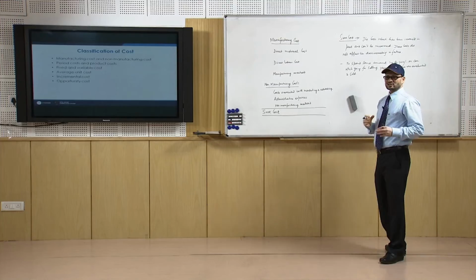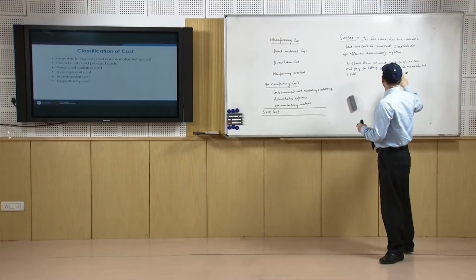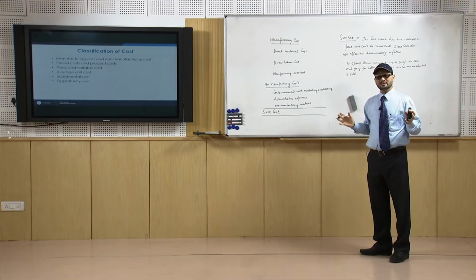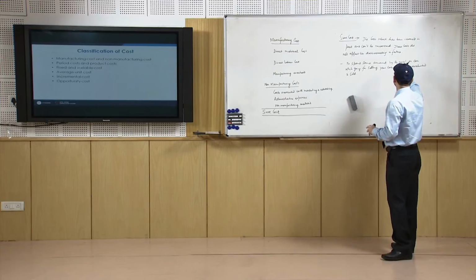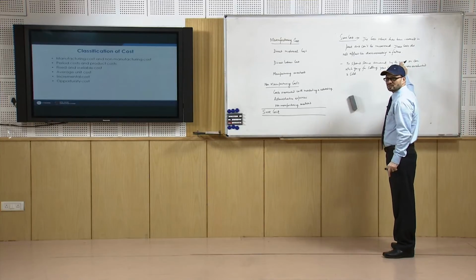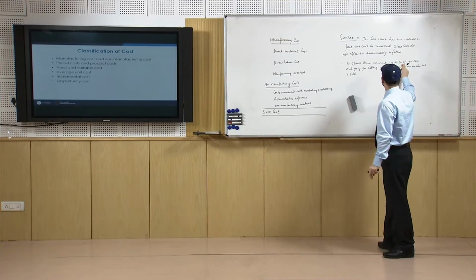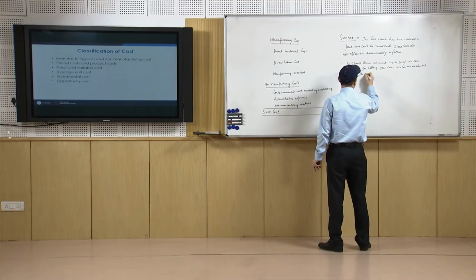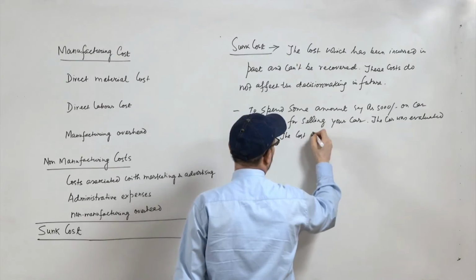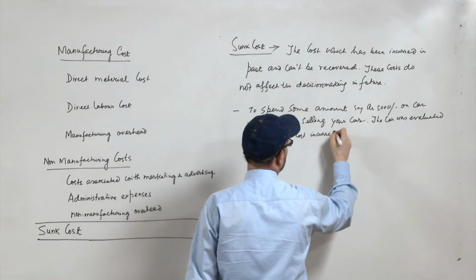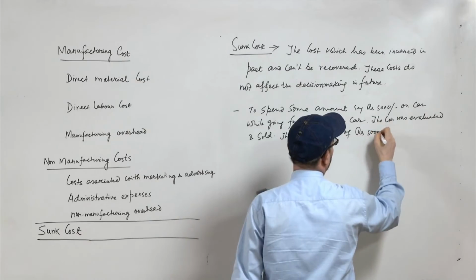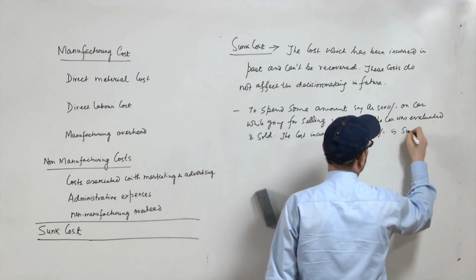Now, you must be thinking of the amount which you have incurred on it, but you cannot do anything with this amount which is spent. So, basically this amount of rupees 5,000 is sunk cost.